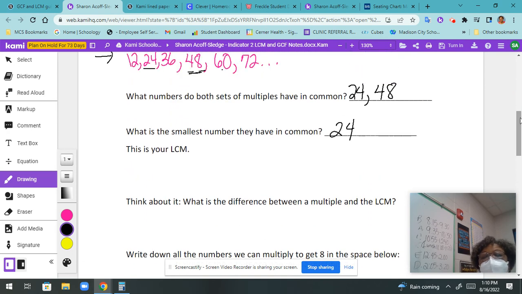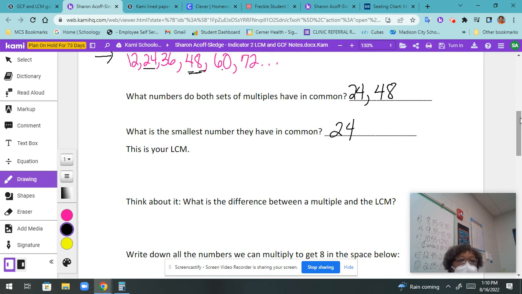Now, what is the difference between the multiple and the least common multiple? Like 24 and 48 are both multiples, but we said 24 is the least common multiple.